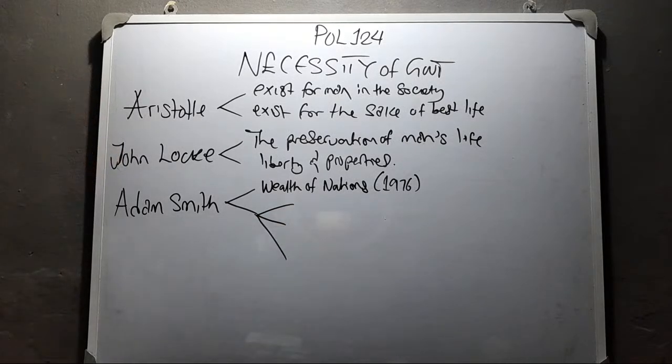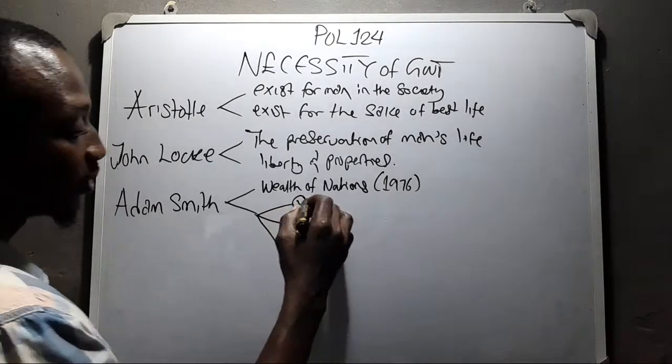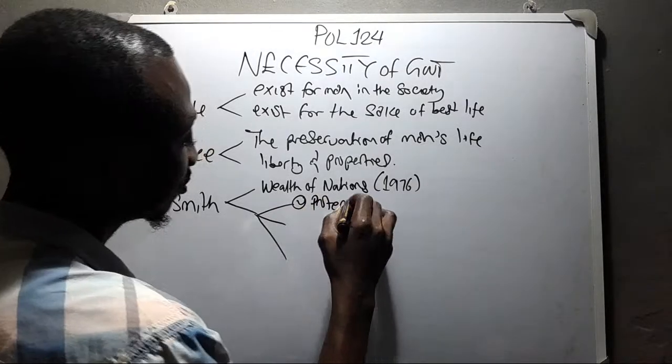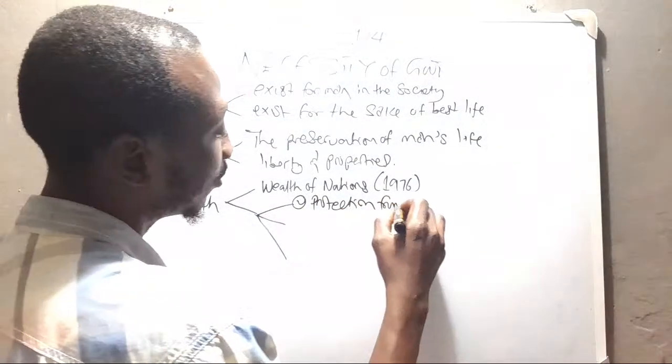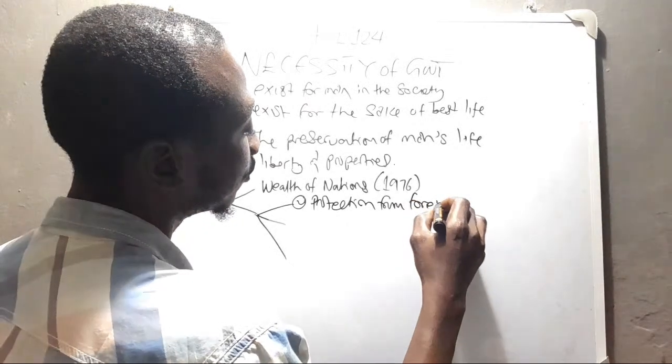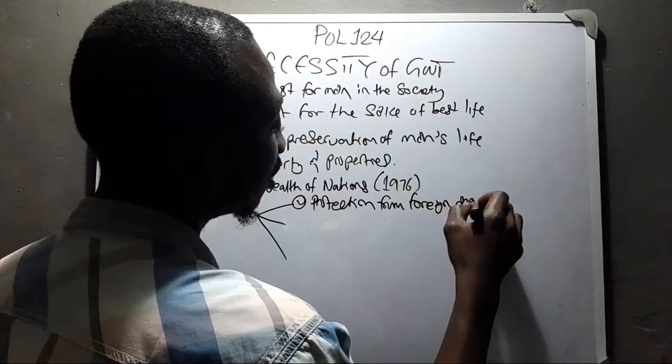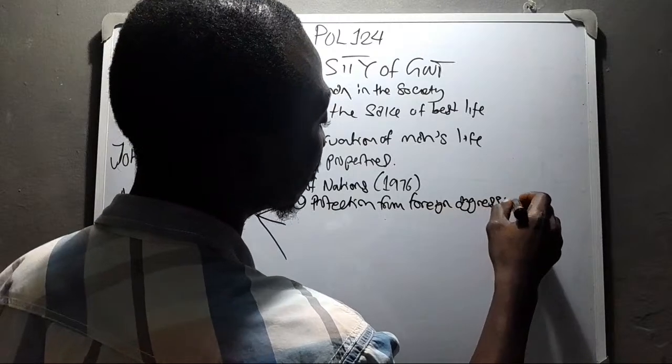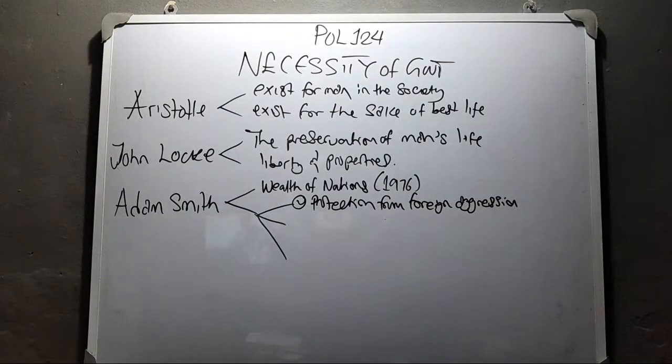First, protection of the society from foreign aggression. That's the first thing he talked about.